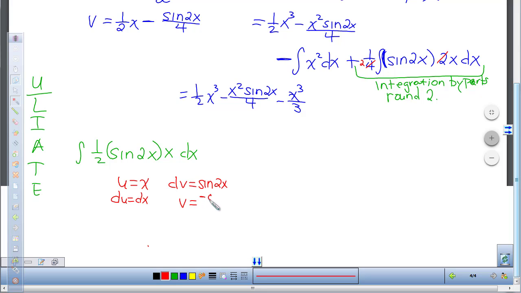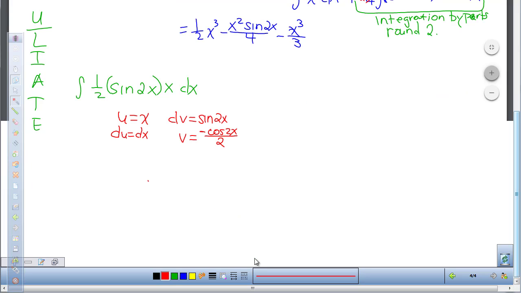Negative cosine 2x over 2. All right, so when we do our substitution, still writing over here, we've got the 1/2 going along for the ride. It's going to be 1/2 uv, so that's x times negative cosine 2x over 2.